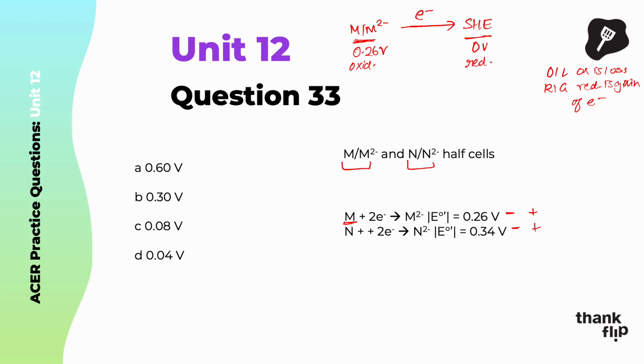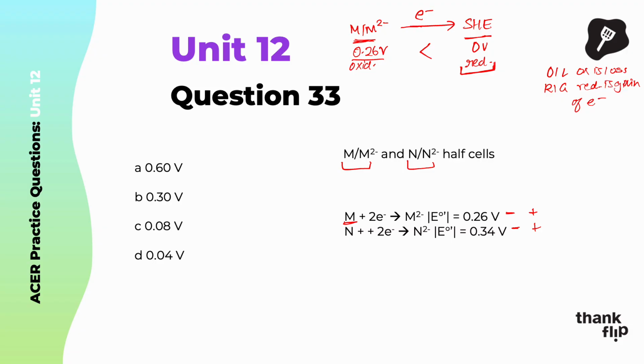As we know from earlier, the half reaction that gets reduced is going to have the more positive reduction potential. The hydrogen electrode is getting reduced, which means that this must be less than 0.